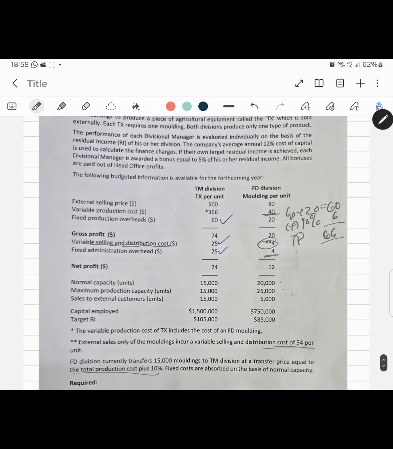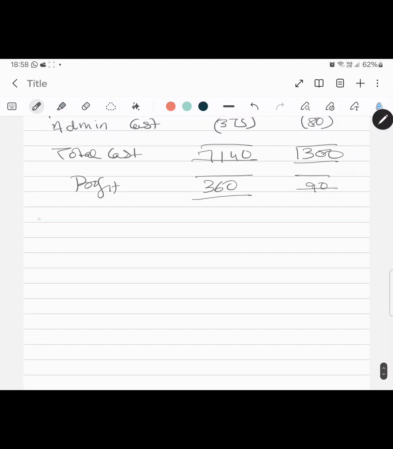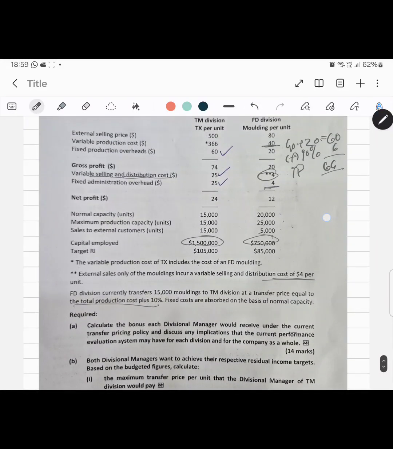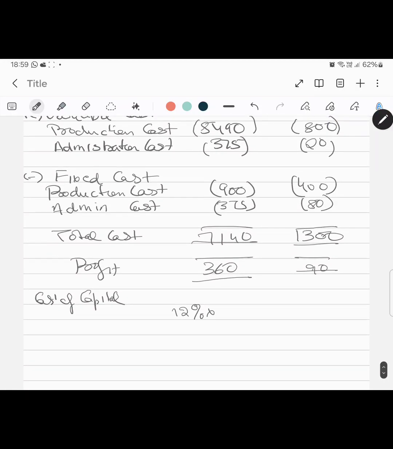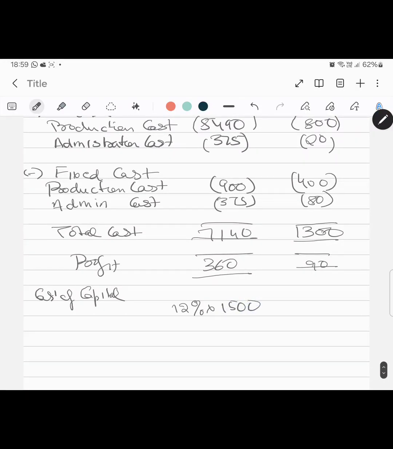Now how much was the capital employed? Capital employed was 7,50,000. So what is the cost of capital? 12%. 12% of 1.5 million is 180.